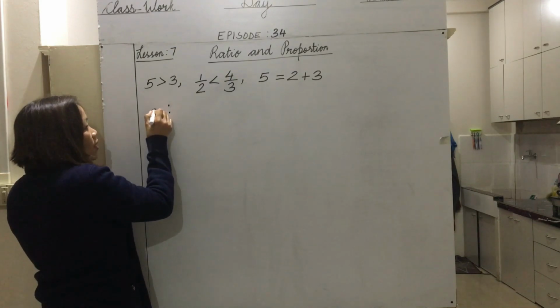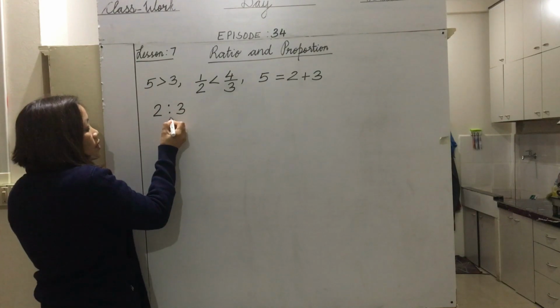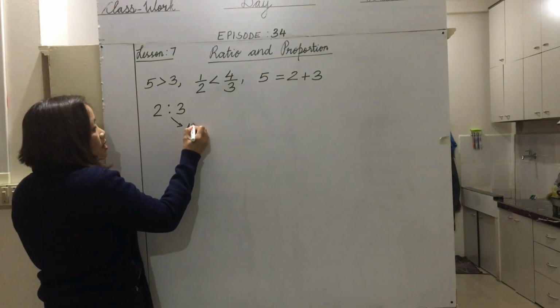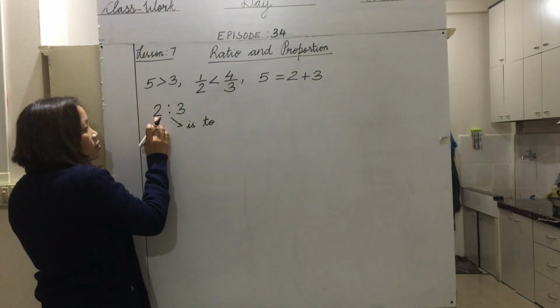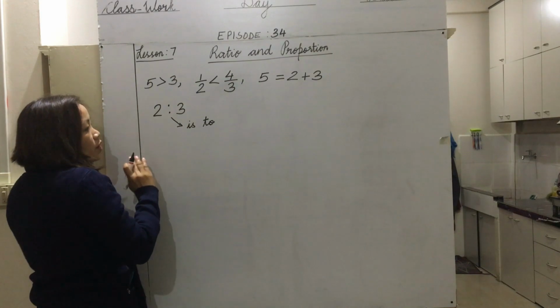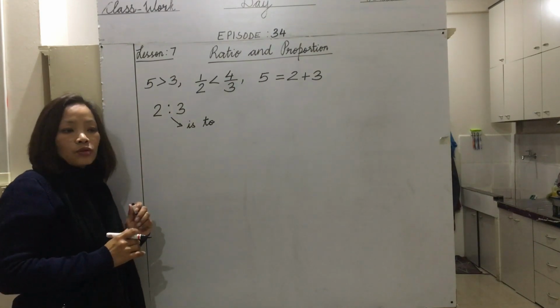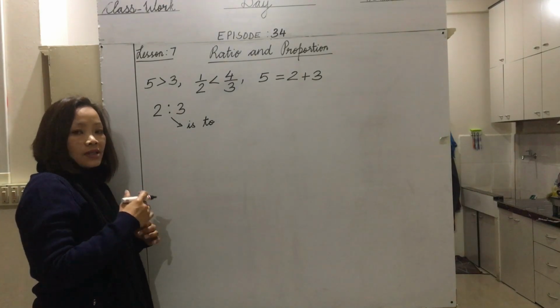So when we have 2:3, this will be read as 2 is to 3, right? So ratio is used to compare 2 or more quantities of the same kind and of the same units.